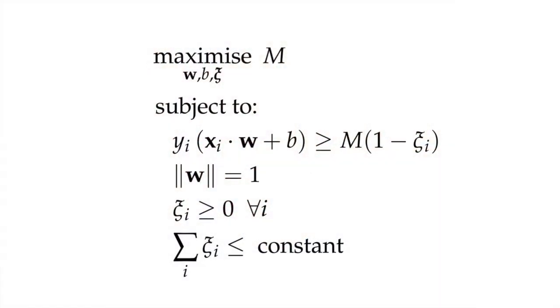We can pose this as a maximization problem, very similar to the margin maximization we used before, but with these additional constraints. We're now maximizing over W, B, and all of the xi, and we're still maximizing M, subject to the margin constraint, but with a degree of slackness in the margin constraint, and then additional constraints on the xi themselves.